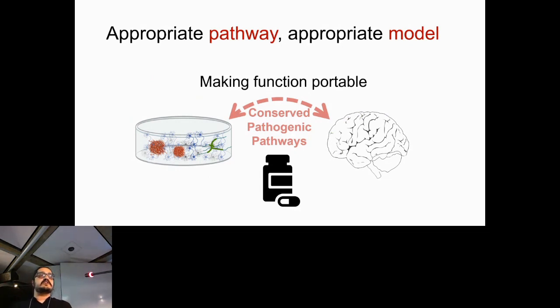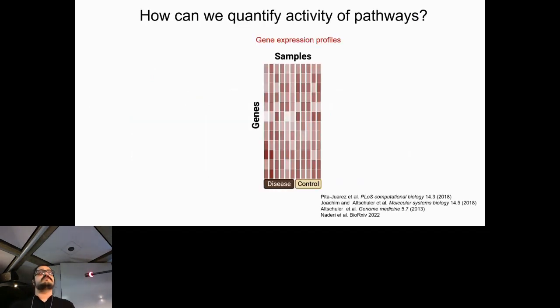We're essentially making function portable by finding conserved pathogenic pathways that have concordant dysregulation in a variety of brain regions and model systems. Before I start to explain how IQPA finds high potential candidates for Alzheimer's disease, I want to spend a few minutes to talk about how we can quantify the activity of pathways in IQPA.